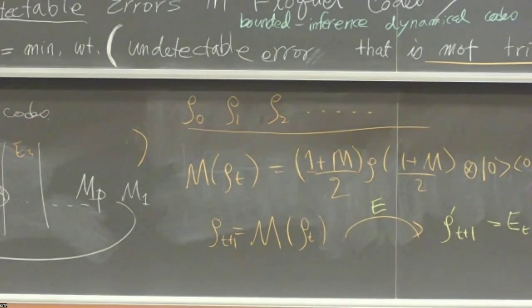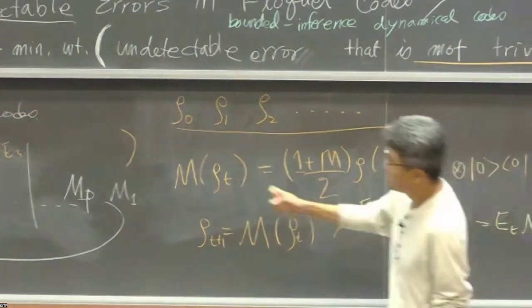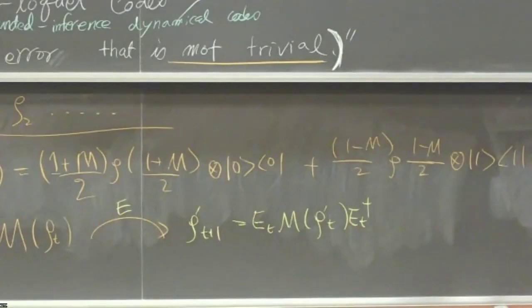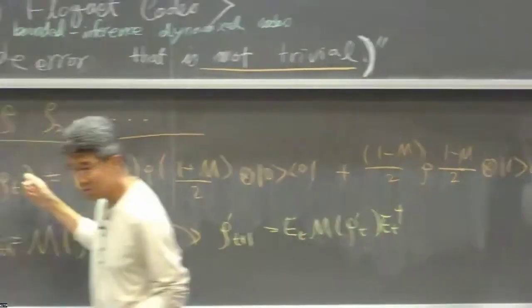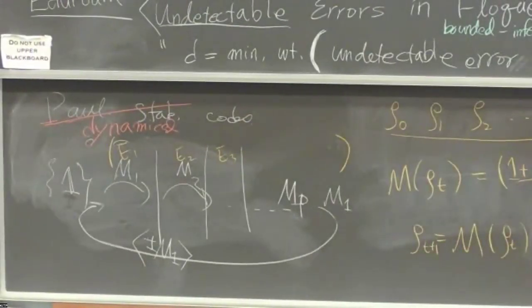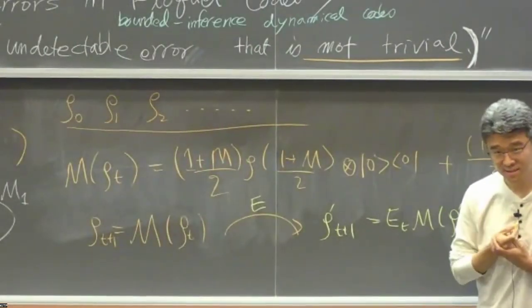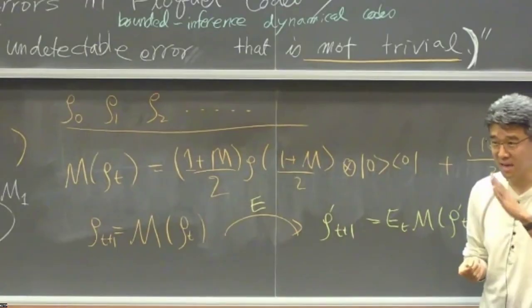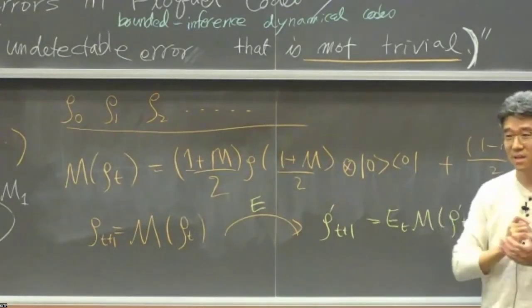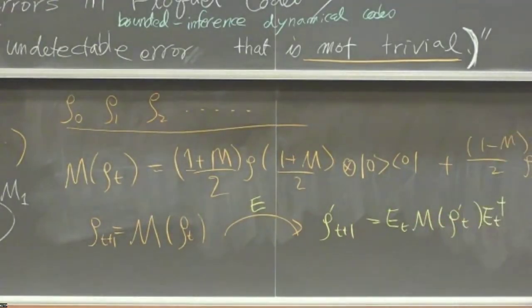So now, almost by inspection, the group of all space-time errors has a group action on the set of all chains of density matrices. Okay, that's how errors act on the state. Not only a single state at a certain time, but on the history. That's how errors act.